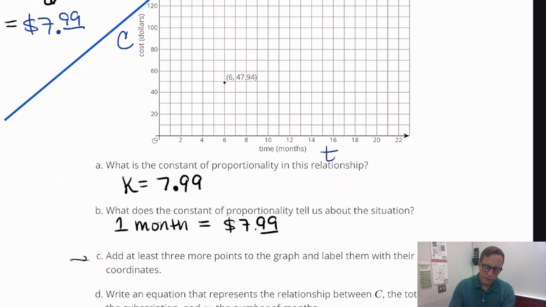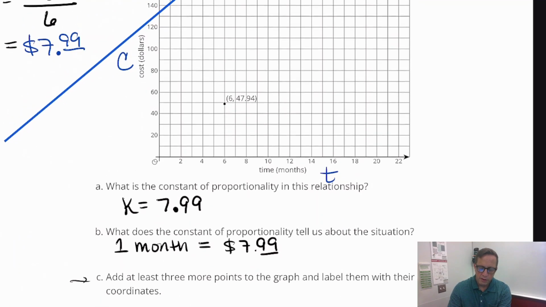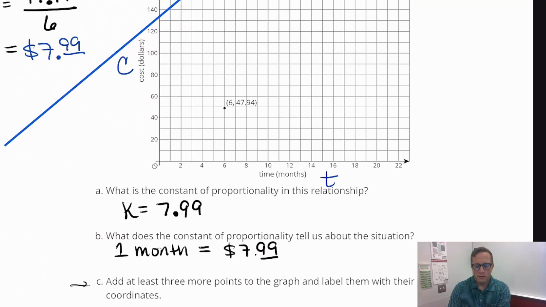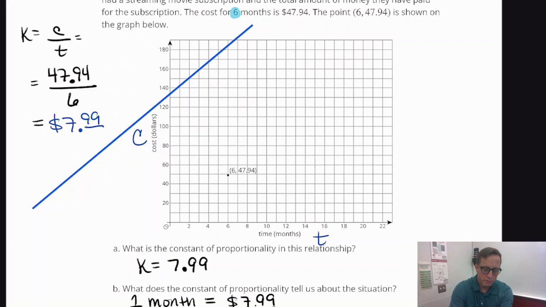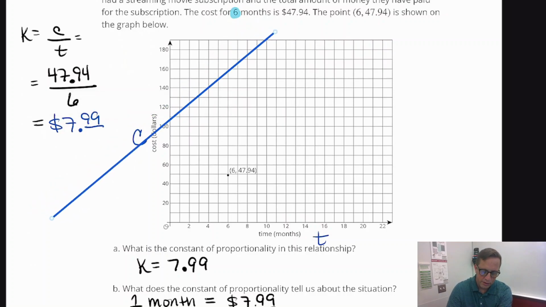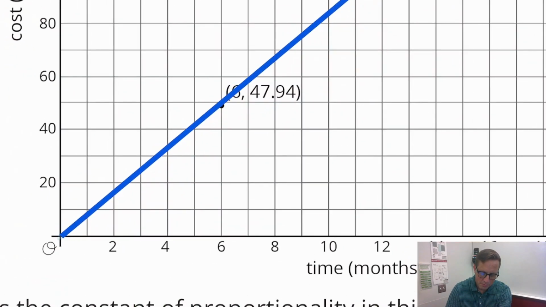All right, now for part C, it says add at least 3 more points to the graph and label them with their coordinates. This is kind of hard to do without being a little sloppy. So I put a line on here already, and I'm going to move this to get it just about right.